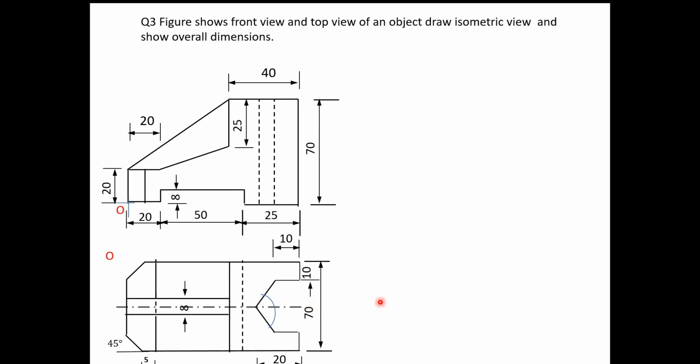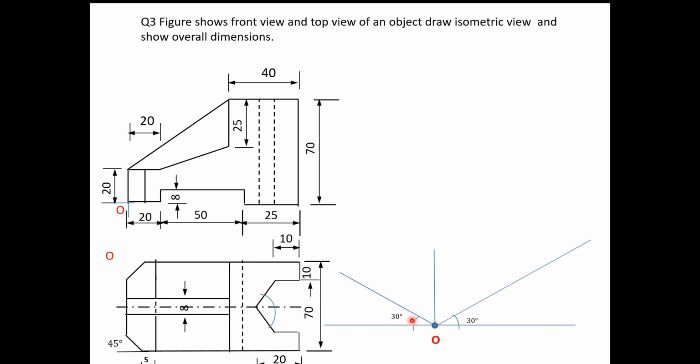Now we have to make a 70 by 70 by 95 isometric box. So I will first draw a horizontal line. I will mark the origin. Then from this draw the right isometric axis at a 30-degree angle. Then draw a vertical line, and again draw the left isometric axis.